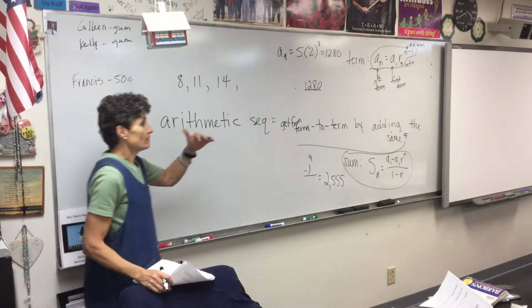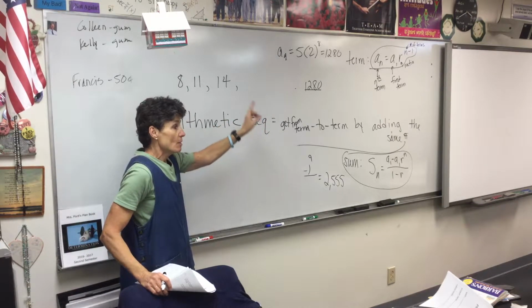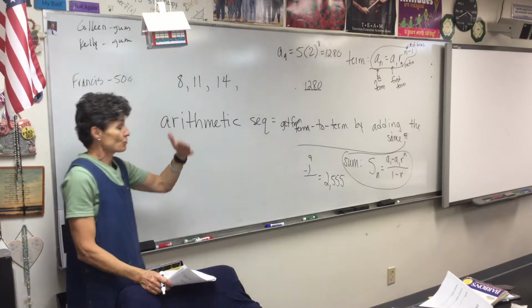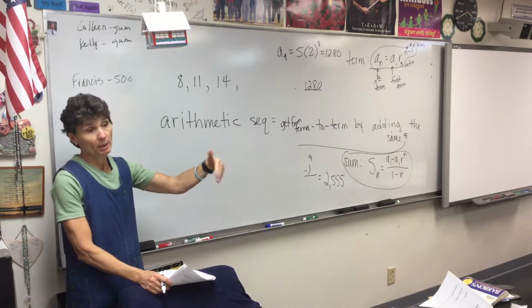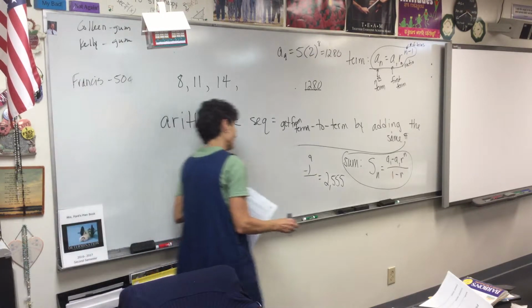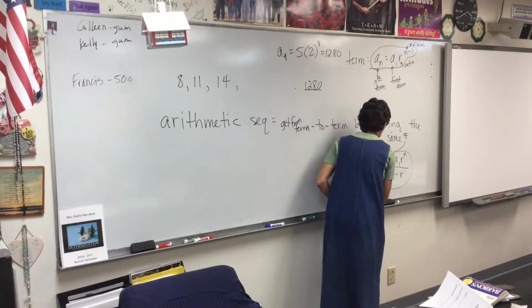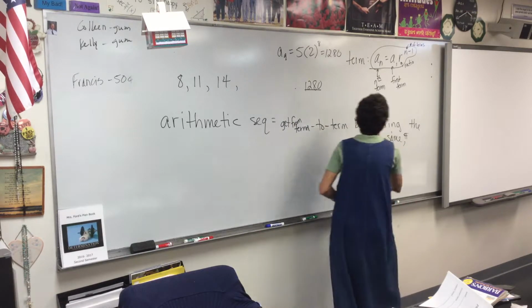So geometric, those are the two formulas that are circled that are going to get erased in a minute. Those are the formulas you use if you're generating a sequence by multiplying by the same number to get from term to term. If we're adding the same numbers to get from term to term, obviously we have different formulas.